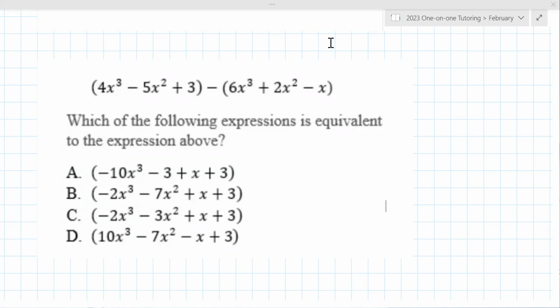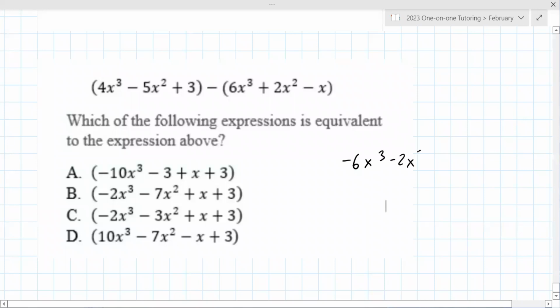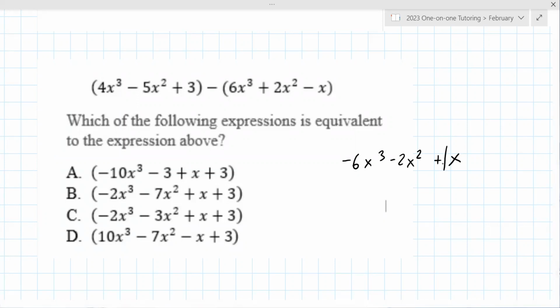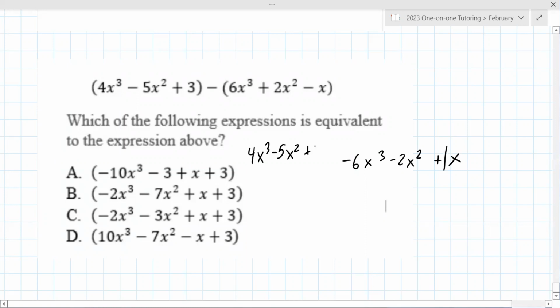So it would be -6x cubed because I'm distributing for the second one, right? I agree. And then -2x squared plus 1x. Good. And then 4x cubed minus 5x squared plus 3, and then -2x cubed.